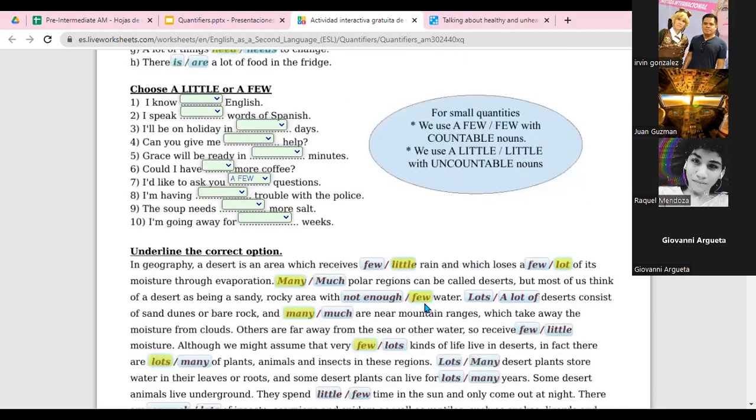Few is with countable, it's a little with uncountable. It's not countable. So not enough water. You have to remember the rules.